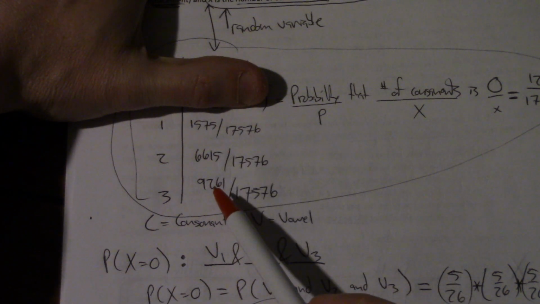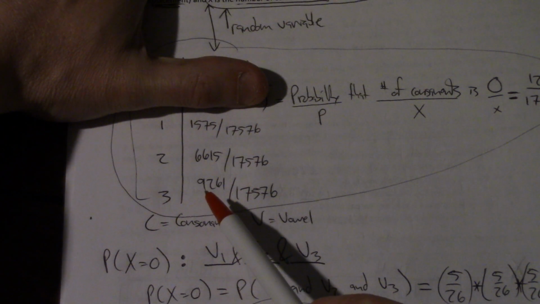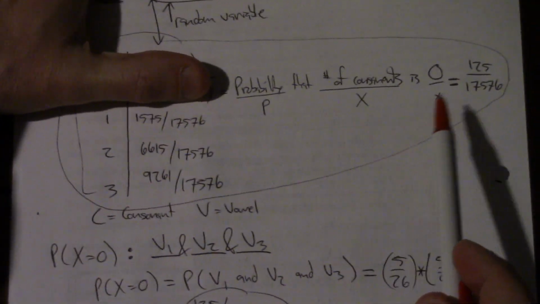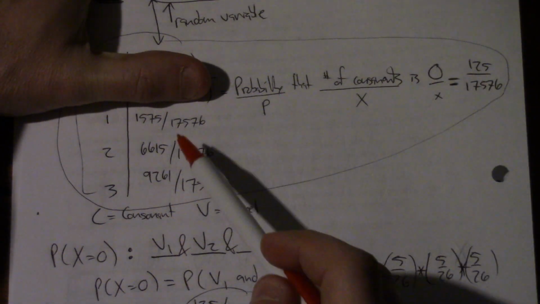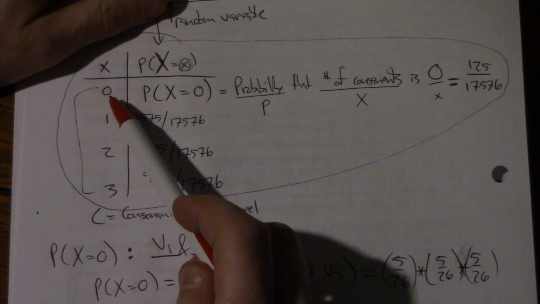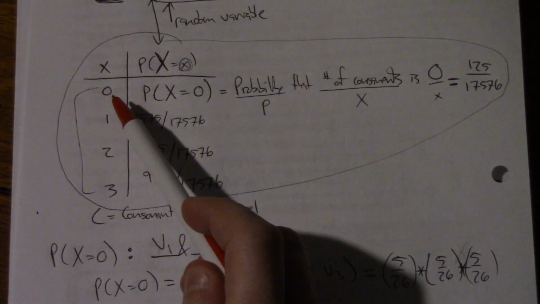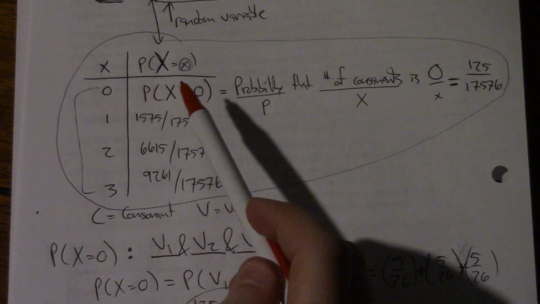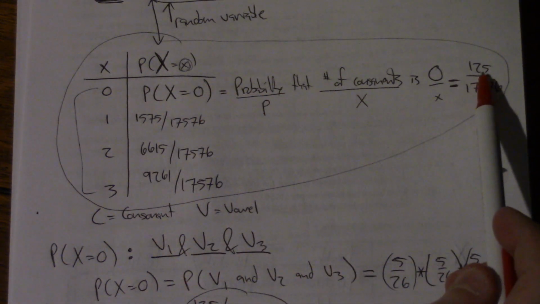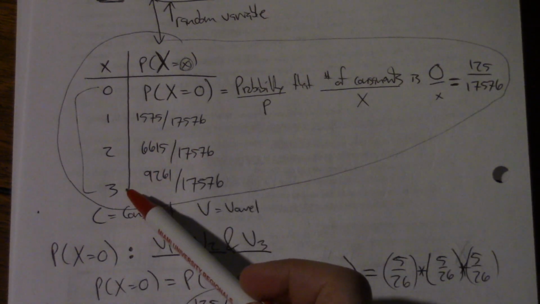These should add up to 1 if you've done everything correctly. Well, if you added these up, you'd be short by 125. So if your probabilities don't add up to 1, it means you've probably forgotten a value of your random variable. So in this case, maybe you forgot 0, pretty straightforward. That means you had vowel, vowel, vowel, 5 times 5 times 5, and there you go.